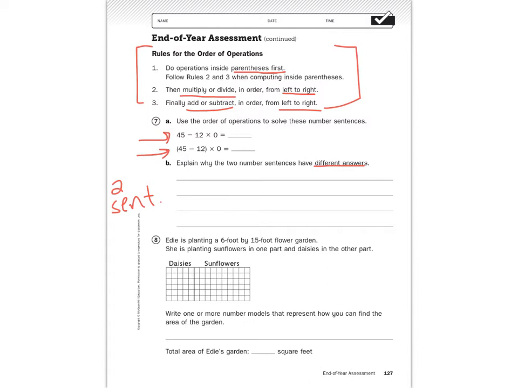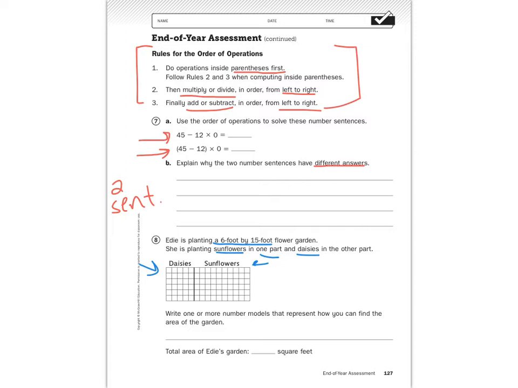Number 8 is super similar to what we just did. I believe it was like last week, Thursday or something. It says, Edie is planting a 6-foot by 15-foot flower garden. She is planting sunflowers in one part, and you can see the sunflowers labeled right here, and daisies in the other part.